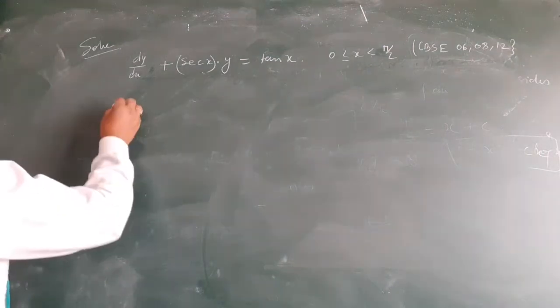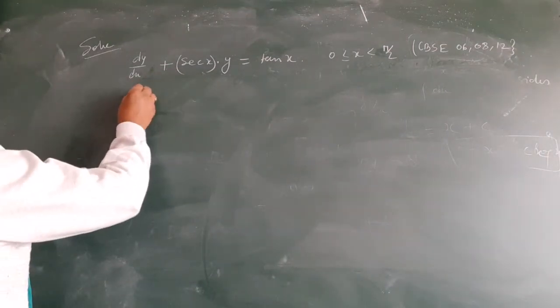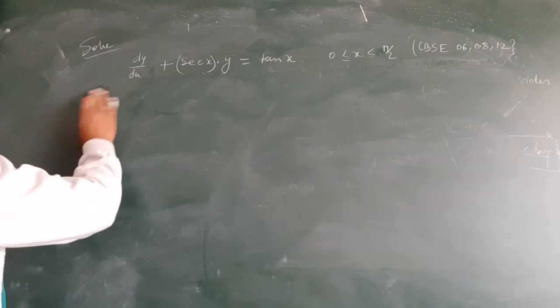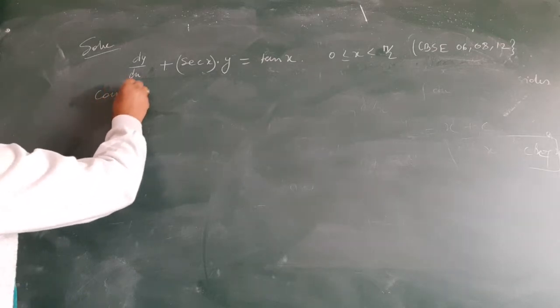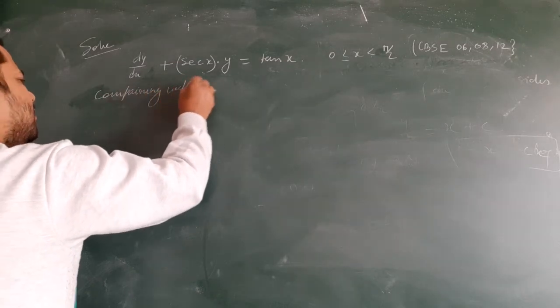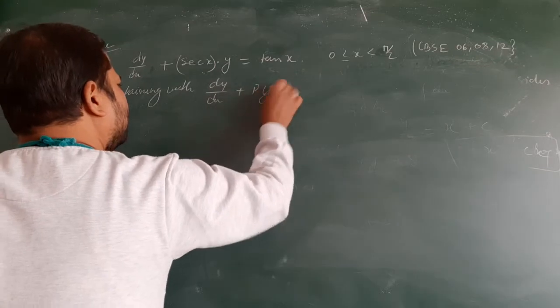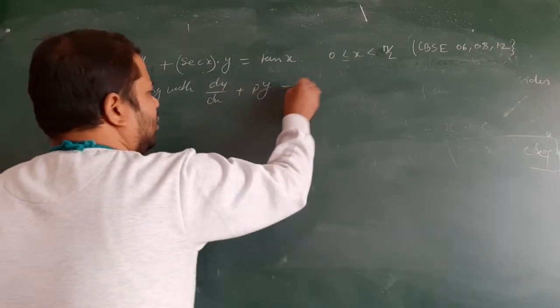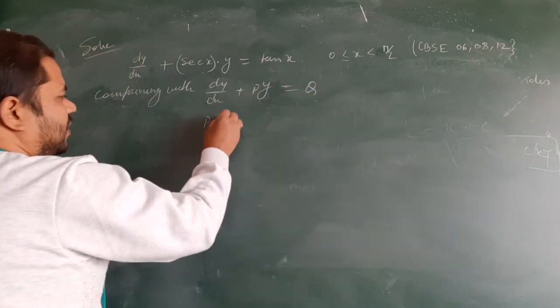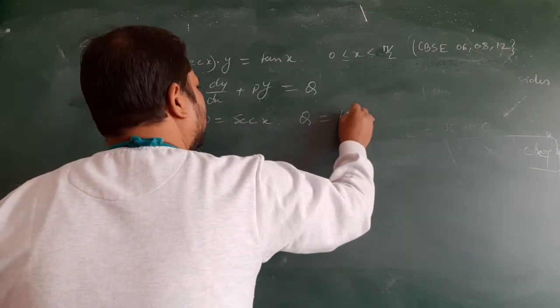So obviously this is a linear differential equation. Comparing with dy by dx plus py is equal to q, p is nothing but sec x and q is nothing but tan x.